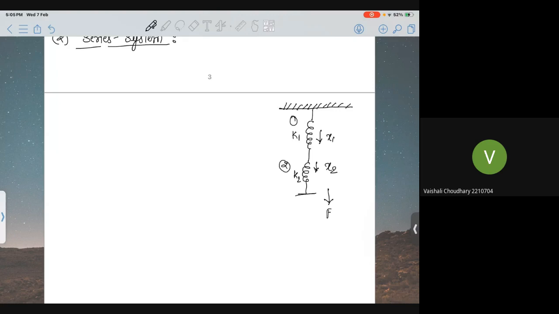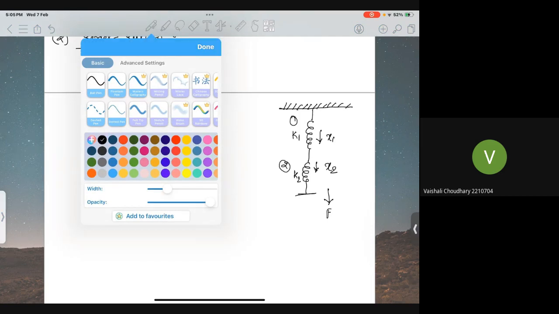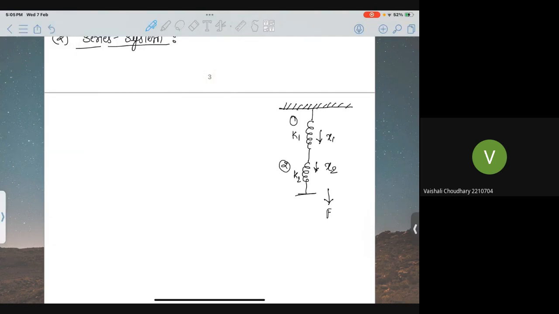So in case of the series system, the opposing force experienced by each spring is the same. So F is nothing but K1 times X1, because in this case the deflection will change but the force will be the same, and this is K2 times X2.